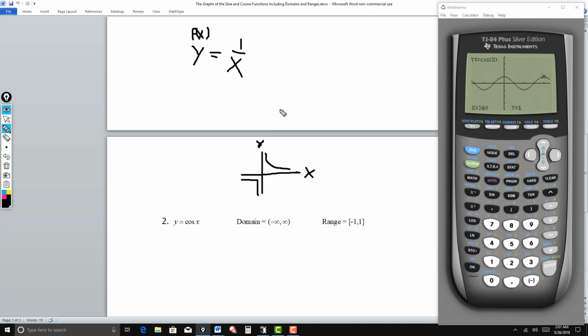You can see that. So if I say the domain then is going to equal, you can see this thing goes down forever, and it goes up forever, never crosses here. So it looks like the domain will go from -infinity to 0, union 0 to infinity.